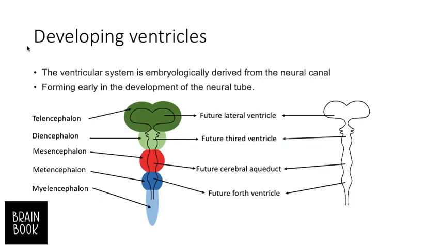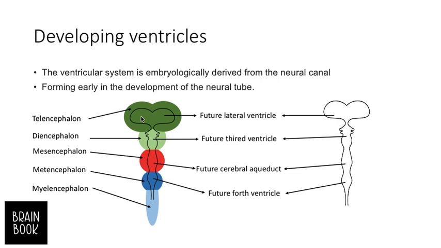Here you can see that when the neural tube becomes like this, throughout the development, the ventricles will form coincidentally with the development of the nervous system.